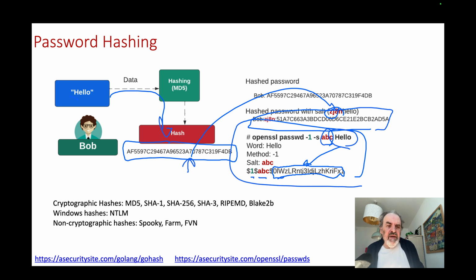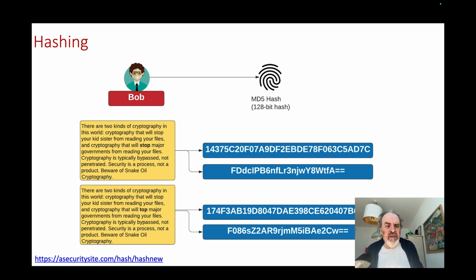So typical cryptographic hashes are MD5, SHA-1, SHA-256, SHA-3, RIPE MD, and Blake 2B. So with hashing, if we change one small part of the input data, it should completely change the hash.